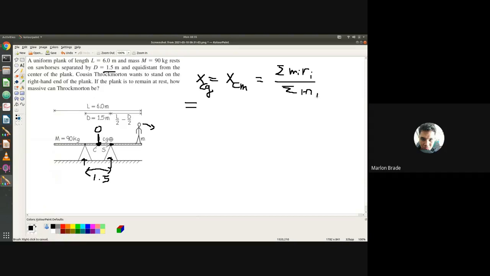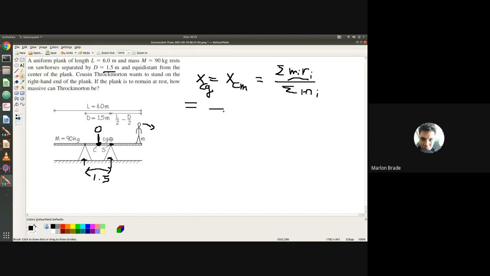Okay, so first of all, atong kwaon ang component sa pila ka buok object. So naa tay duha ka object: si Throckmorton nga nisakay sa plank. Karon ang mass sa plank is M. Una nato magsugod sa plank. So therefore ma-rewrite nato kini kay equivalent man na, summation of M1.